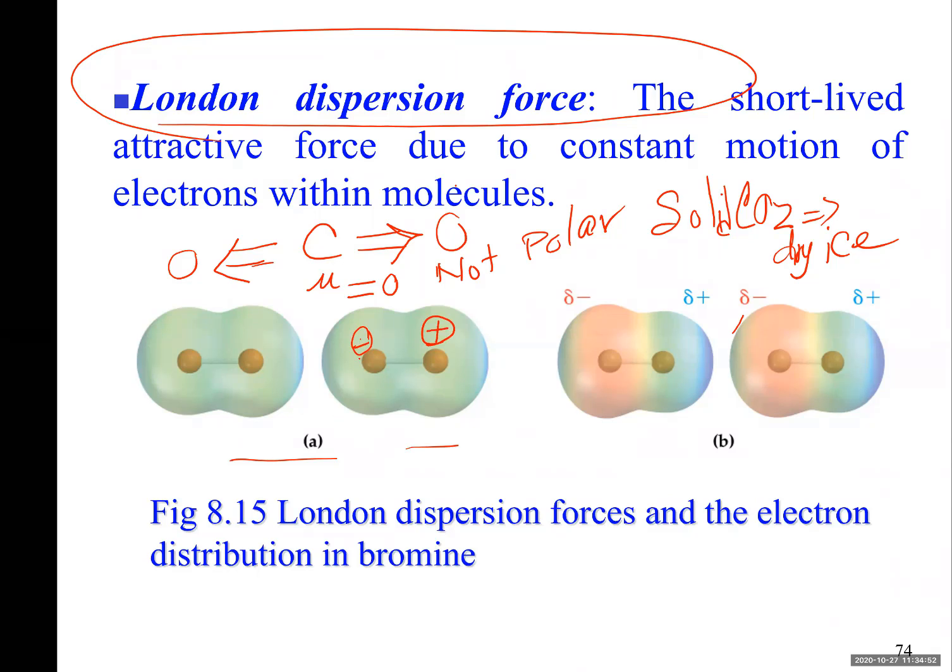When molecules come closer together, these protons are going to pull the electrons of another carbon dioxide toward the proton. So more gathering of electron on one side means the other side becomes short of electrons, so partial positive charge. And this partial positive charge is going to pull the electrons from the third molecule closer, so the other end becomes positive.